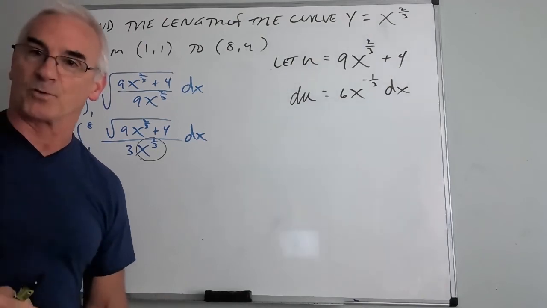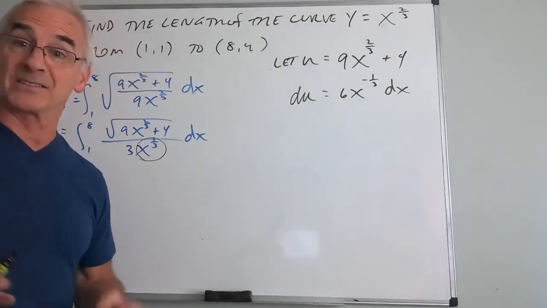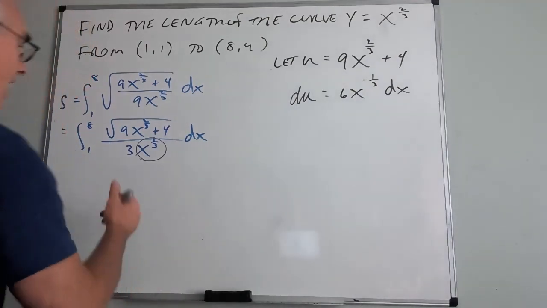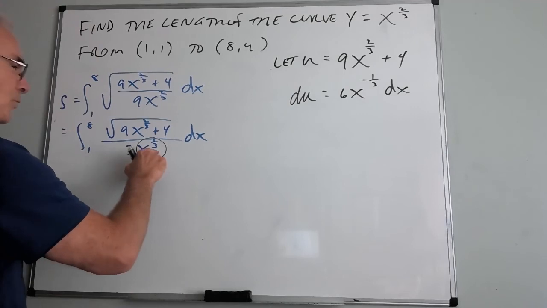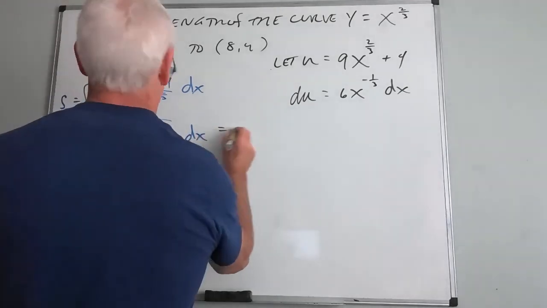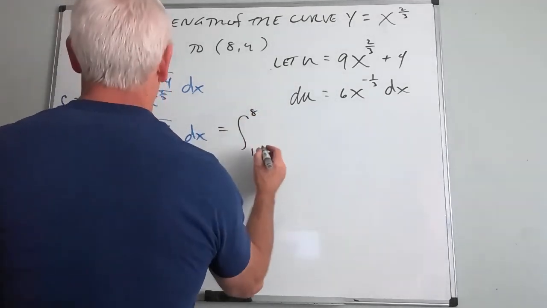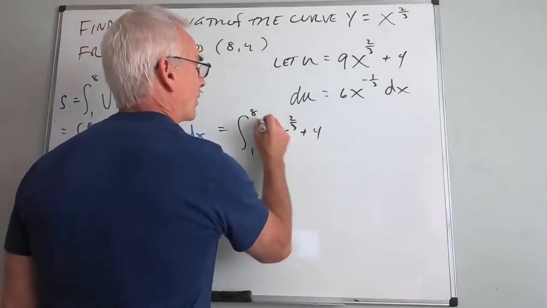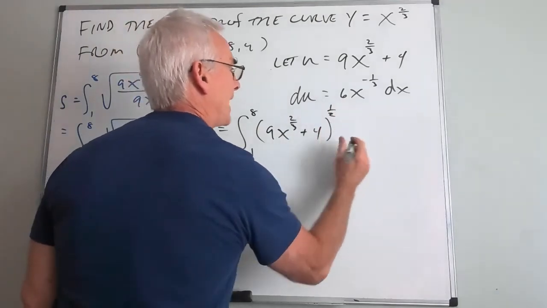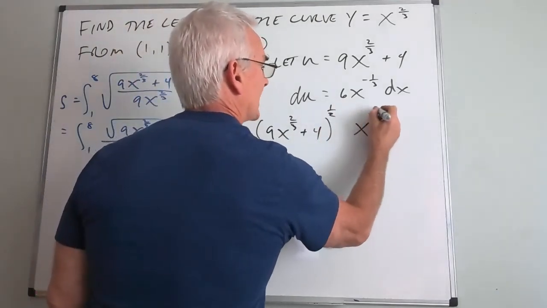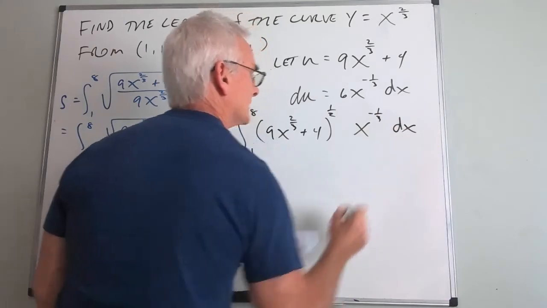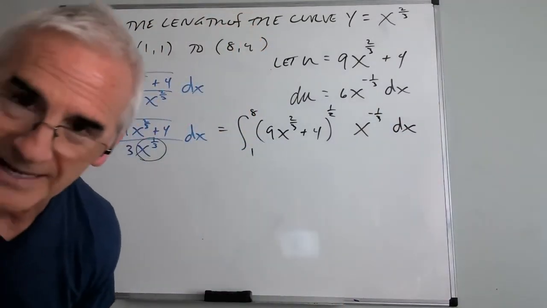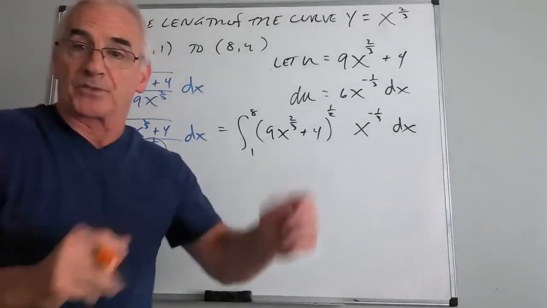That's why this is one of the forms I actually can integrate, because this is one of the few forms that we get a chain rule factor. So let's rewrite this, shall we? Let me write it as 9x to the 2/3 plus 4 raised to the 1/2 power. Now I have an x to the negative 1/3 dx. That 3 bothers me, okay? So what I do in Calc 1, I say, look, we have to come up with the right coefficient.